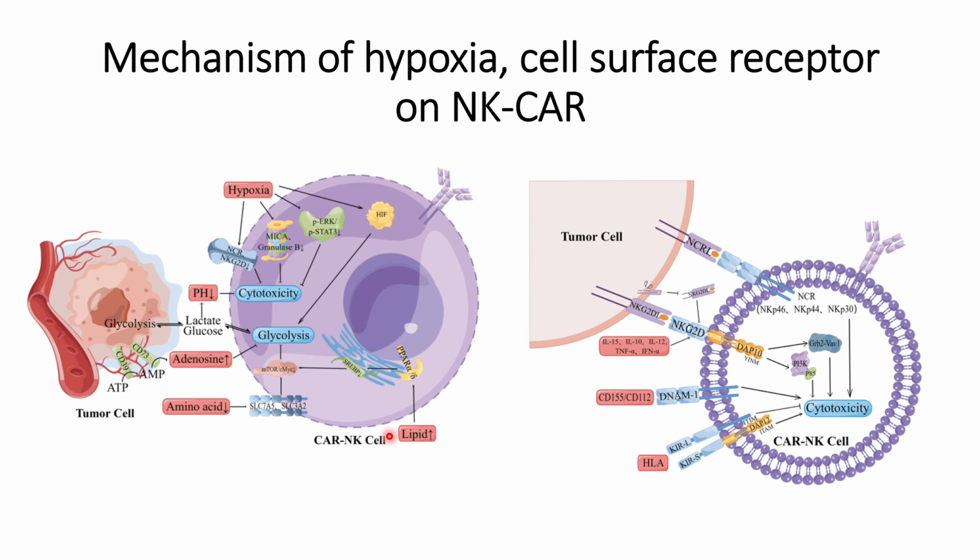Glycolysis is also reduced through the upregulation of lipids. This occurs because the amino acids present in the tumor microenvironment are being consumed by the tumors, which causes the release of lipids.